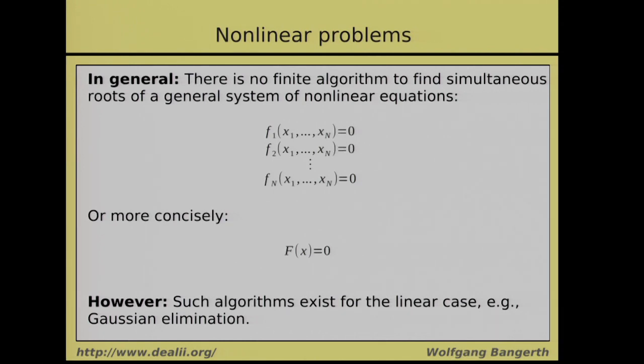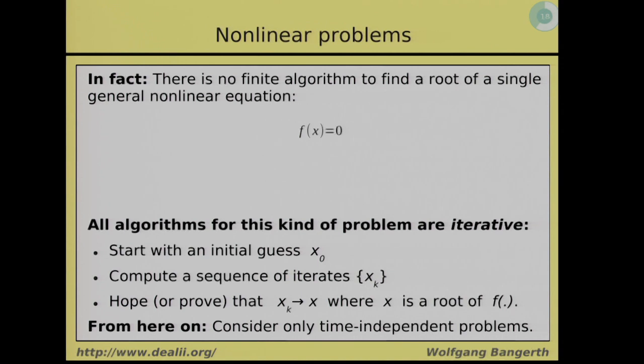Turns out that for general nonlinear systems, we do not have the equivalent of such an algorithm. There is no algorithm that can give us the exact answer for a general nonlinear system in a finite number of steps.